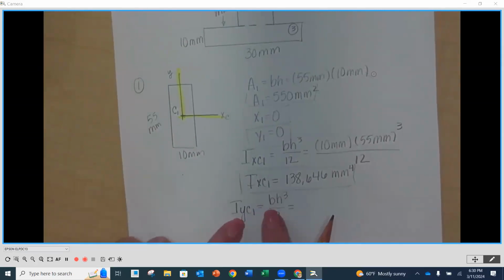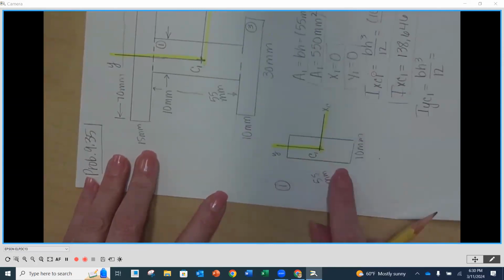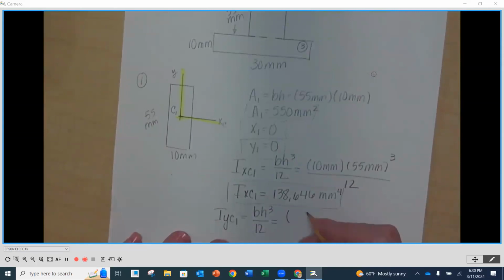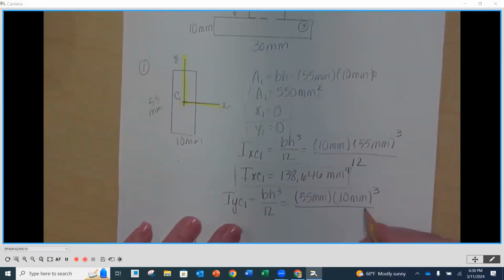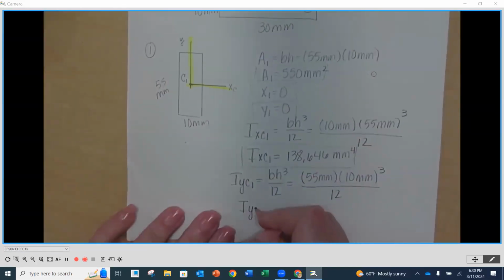But now my base is going to be parallel to the Y axis, so it's like laying it down on the end here, which means my base now is going to be the 55, and my height is going to be the 10. Because the 10 is the height, it's going to get cubed this time and divided by 12. My IYC1 should be 4,583 millimeters to the fourth.